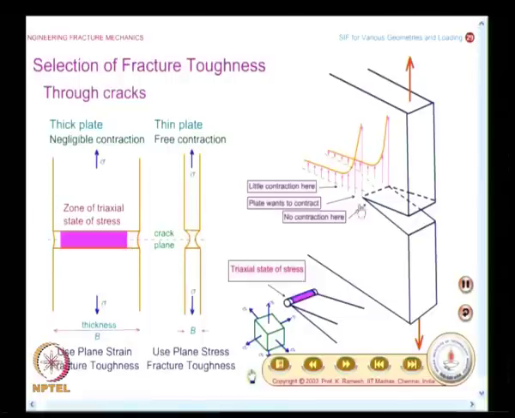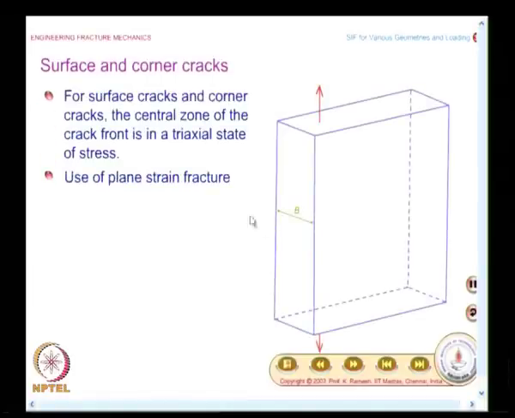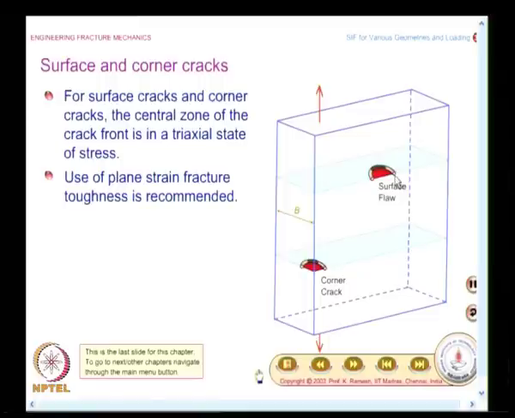After having looked at through the thickness cracks, we will have to go and look at how you are going to handle the surface cracks. What happens in the case of surface and corner cracks? We all know that it has a curved crack front, and the stress intensity factor varies along the curved crack front.